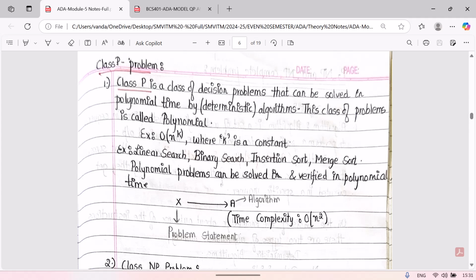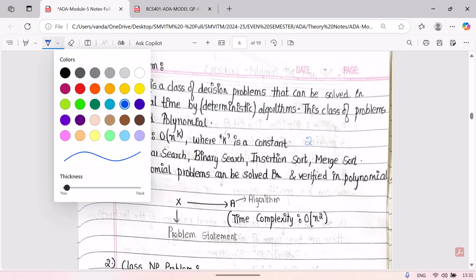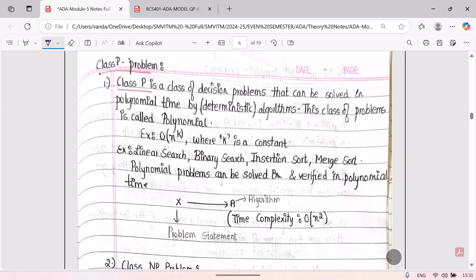Here, there are some algorithms where, when you find the time complexity, the time complexity is of the type polynomial.